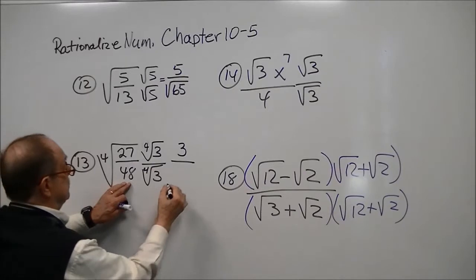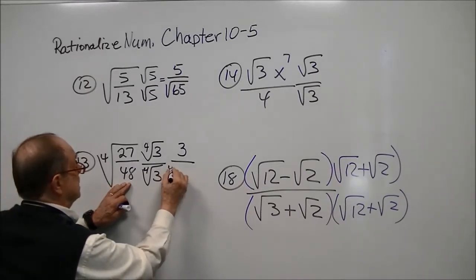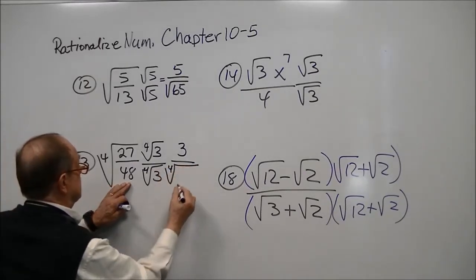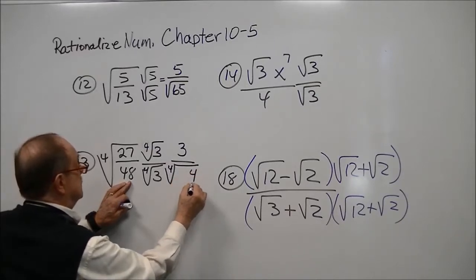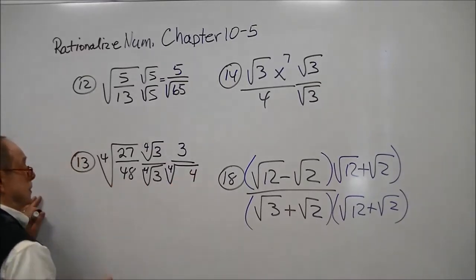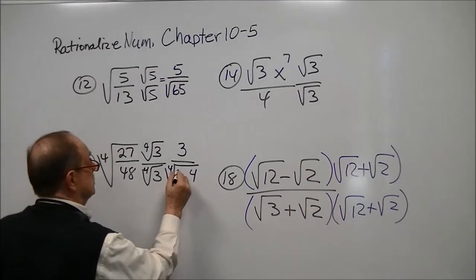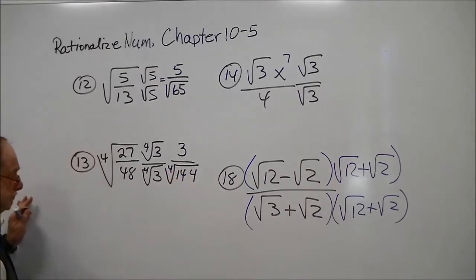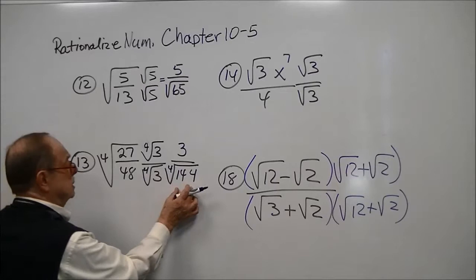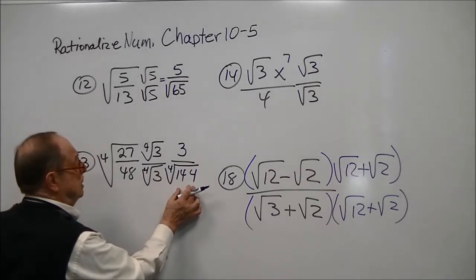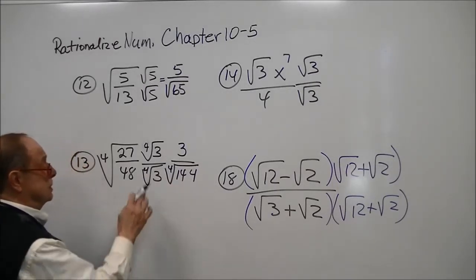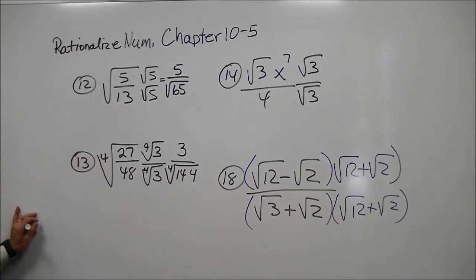And then it will be 3 times 8 is 24. 3 times 4 is 12, and 2. Now I noticed 144 is a perfect square. That would be 12, but 12 is not a perfect square, so I don't believe that one can be simplified anymore.